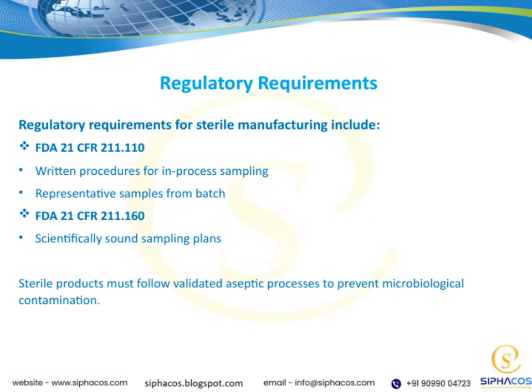To achieve this, sterile products must be produced using validated aseptic processes. Validation is critical because it proves that our processes consistently maintain the sterile environment, safeguarding patient safety. So, in essence, these regulatory requirements guide us in establishing robust procedures and scientifically supported sampling plans, all aimed at maintaining the highest standards of sterility and quality in our products.